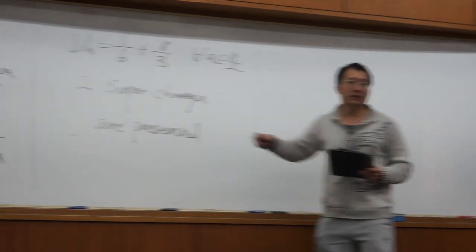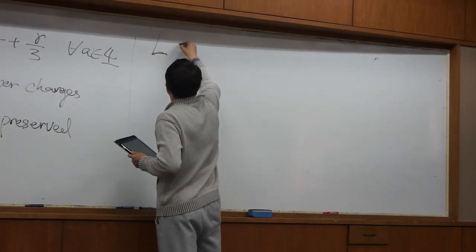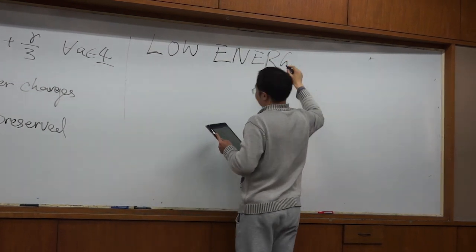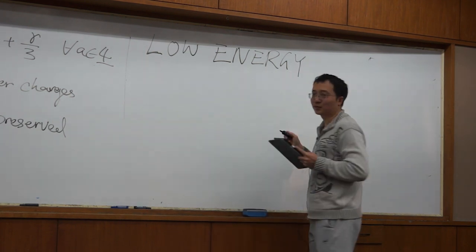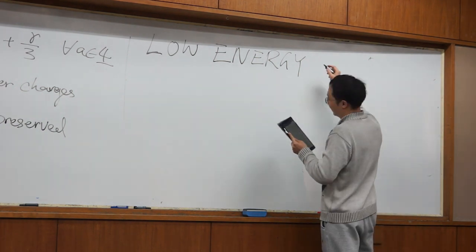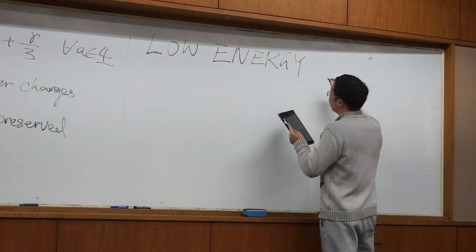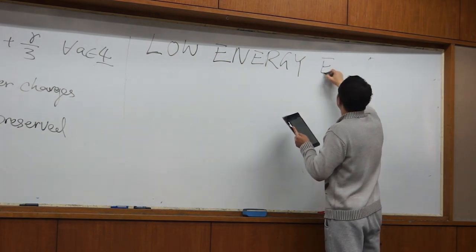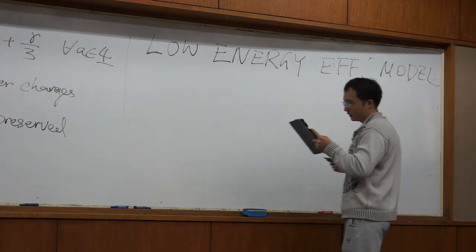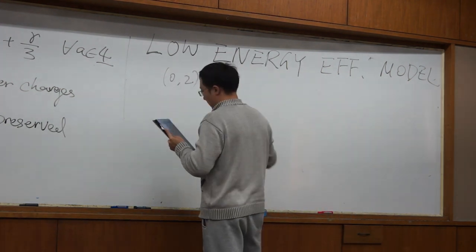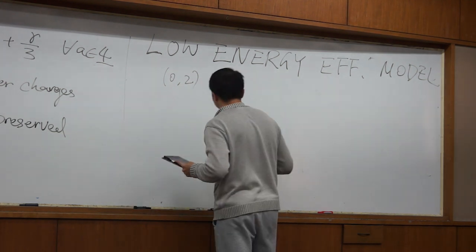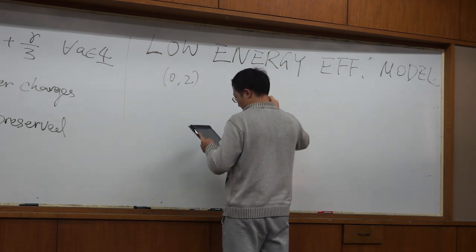So with this setup, we can write down the low energy effective model, following the notation from yesterday. It is described by some 0-2 supersymmetric quantum mechanics, which is described by this quiver.